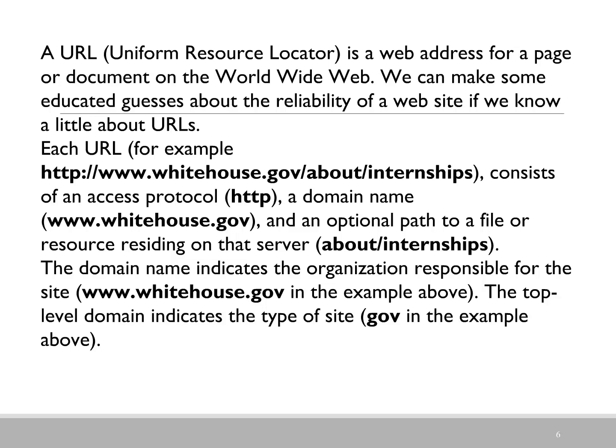Each URL, for example whitehouse.gov, consists of an access protocol, HTTP, a domain name, www.whitehouse.gov, and an optional path to a file or resource residing on the server, about/internships. The domain name indicates the organization responsible for the site, www.whitehouse.gov, in the example above. The top-level domain indicates the type of site, gov, in the example above.